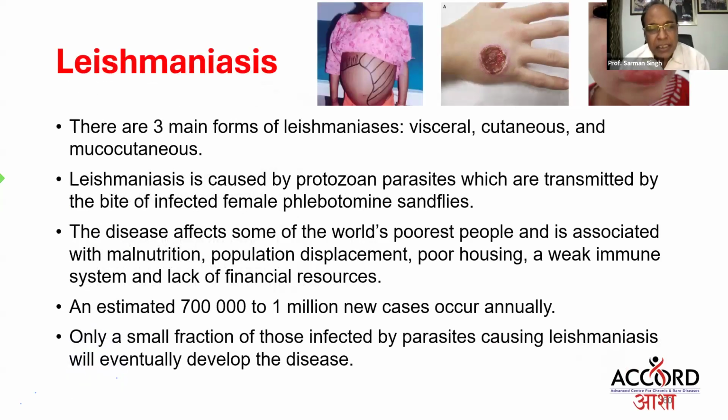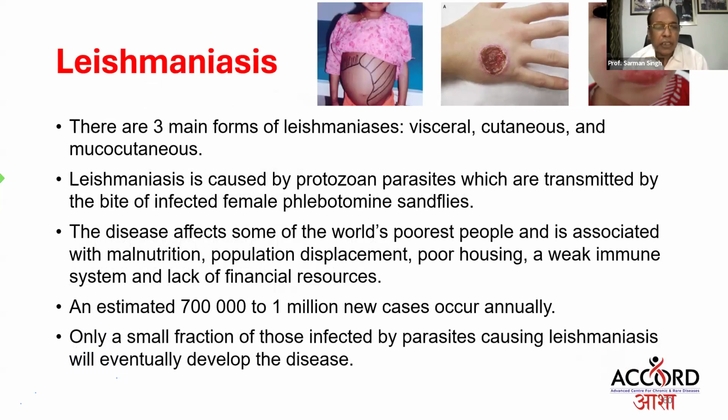All right. I think the introduction part, Dr. Rattan and Dr. Mahapatra have very nicely given. And probably Dr. Mirda also mentioned that we have three main forms of leishmaniasis: visceral, cutaneous, and mucocutaneous. But obviously, today's topic is visceral leishmaniasis.